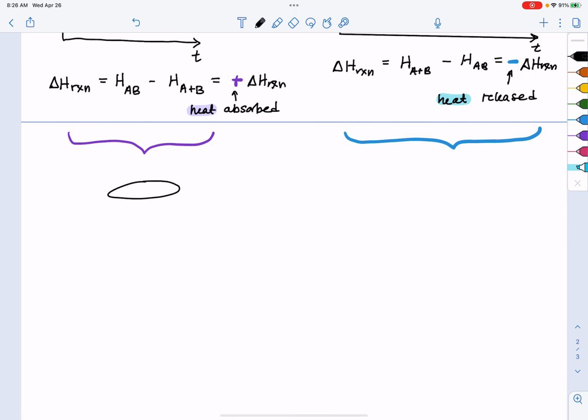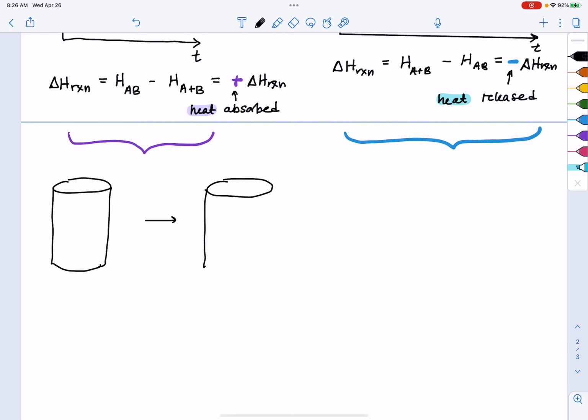Let's say we've got a reaction where we've got our, oh boy, can I draw a beaker today? Let's see. Where we've got reactants going to products. And let's suppose this is an aqueous solution. Why not? Aqueous reaction.